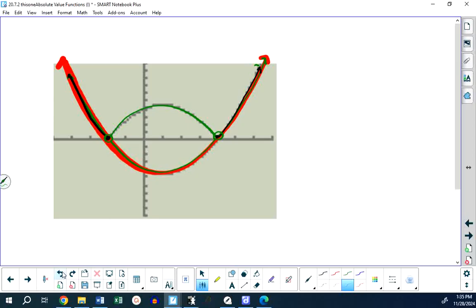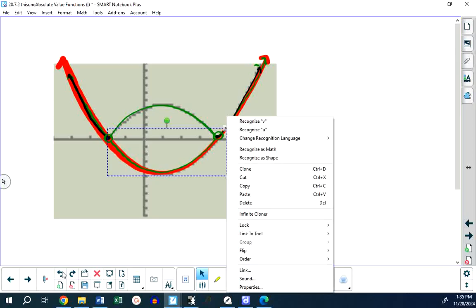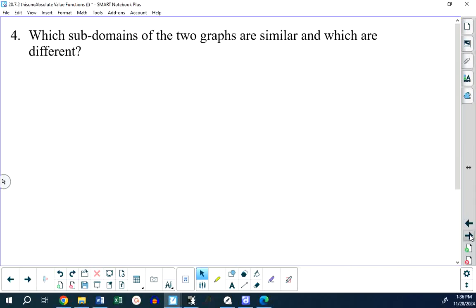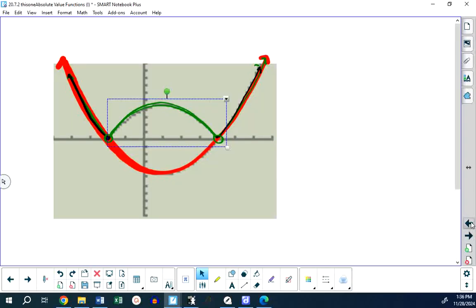And I need to reflect it vertically to go there. Capiche? So which subdomains of the two graphs are similar? Where are these two graphs identical?